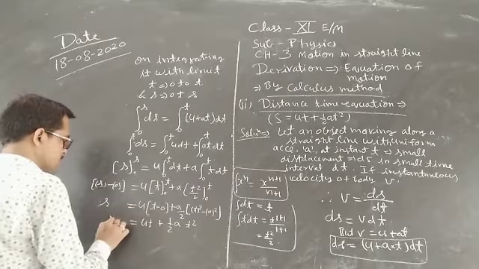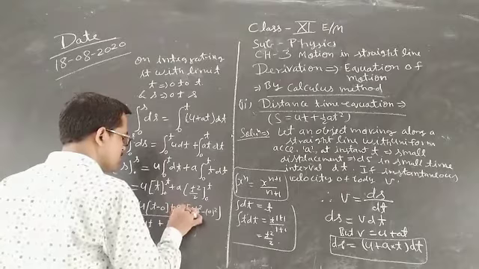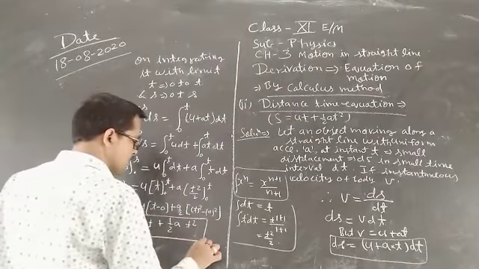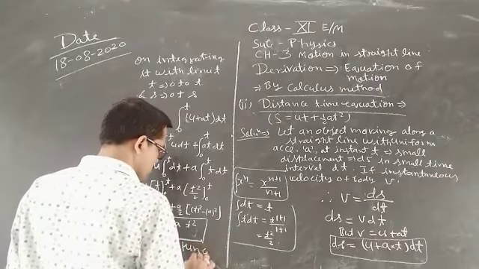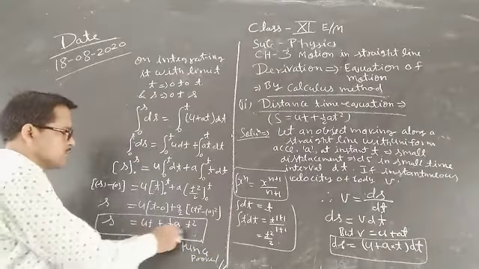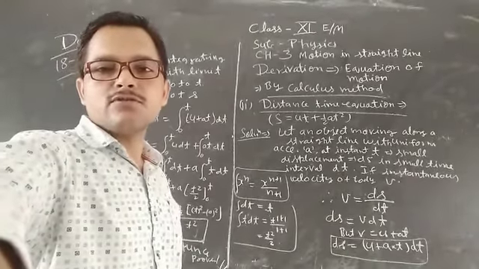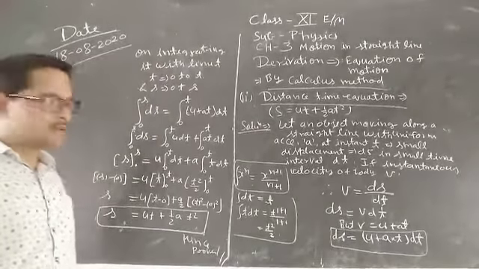Then s is equal to, by the second equation of motion, s is equal to ut plus half at square, 1 by 2 at square. You will get s is equal to ut plus 1 by 2 a t square. Okay, you will get this value.